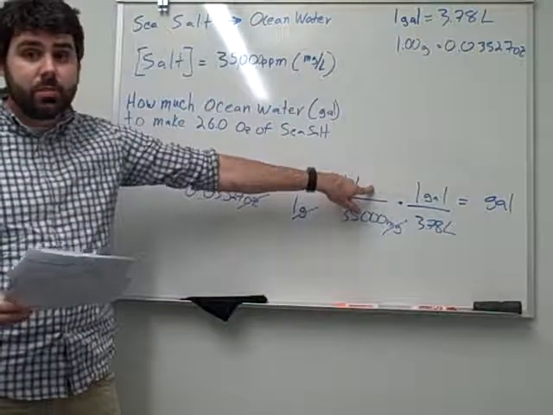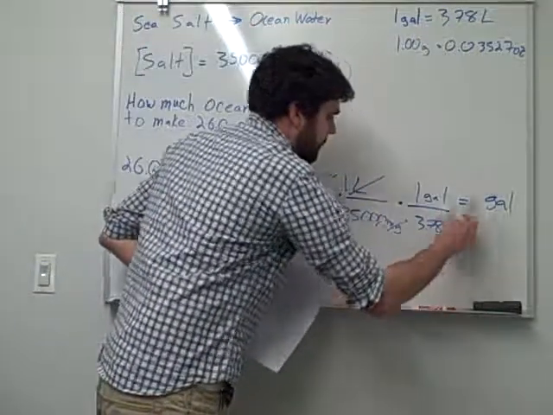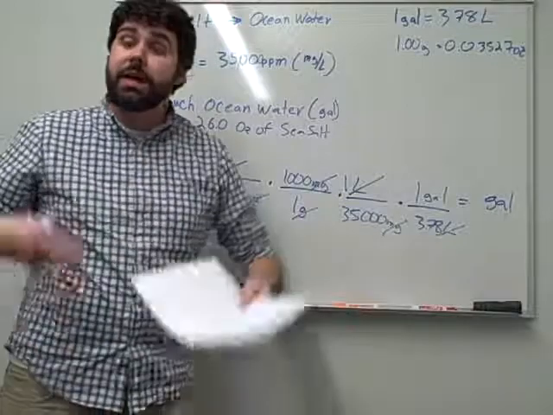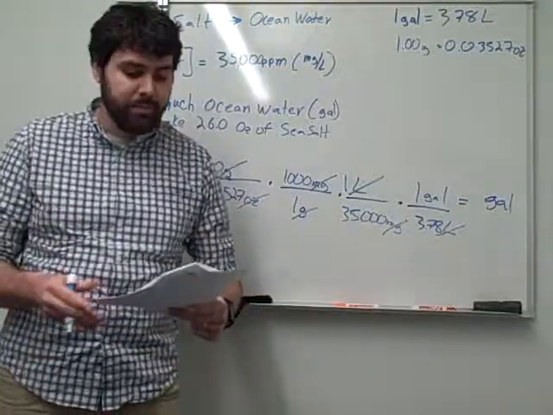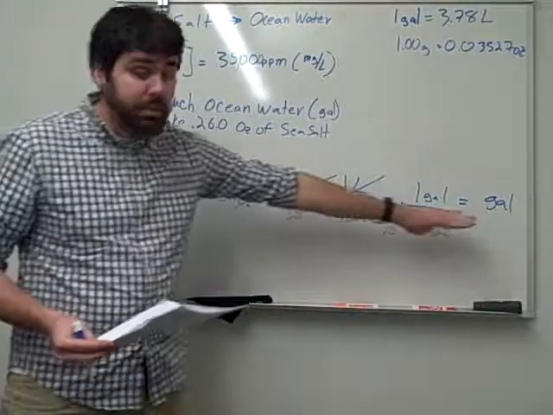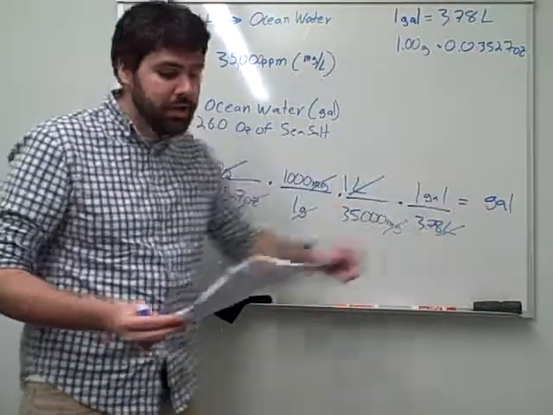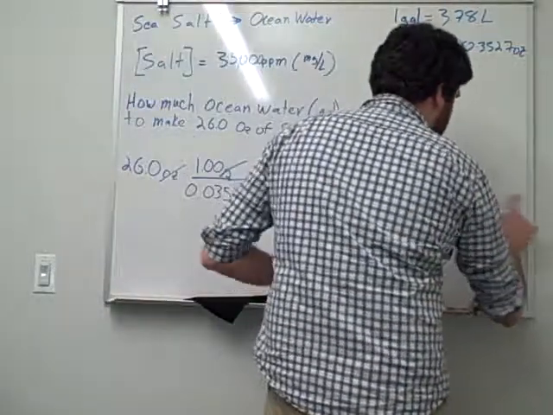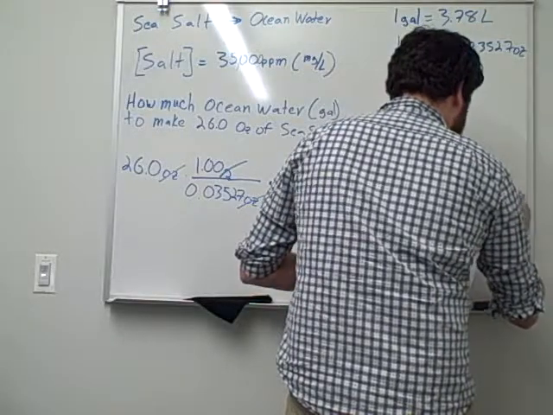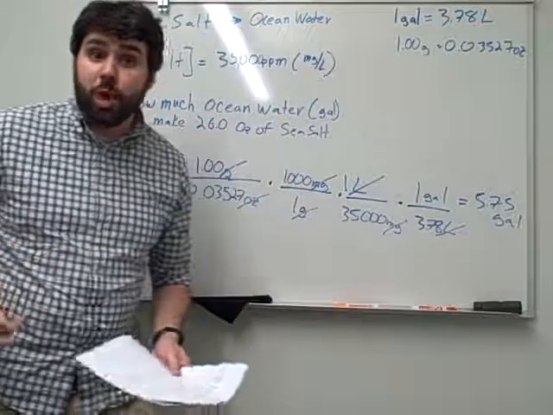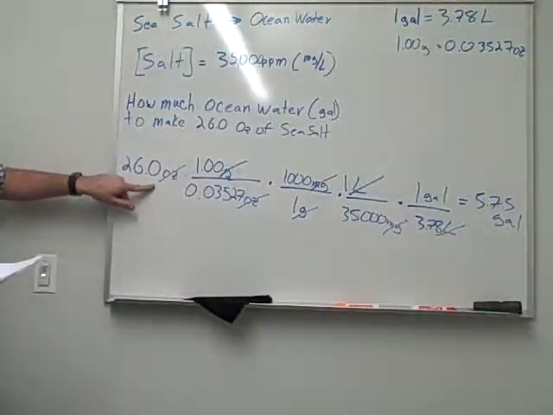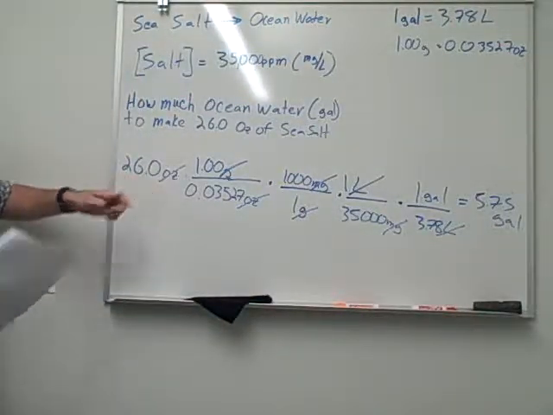In this case, what we've done then is cancel liters, and we wind up with gallons in our numerator. The fact that our units give us what we're looking for in the end is a good check. When you crunch all of these numbers out by punching it into your calculator, you're going to see that you're left with 5.75 gallons of ocean water to make one 26-ounce container of sea salt.